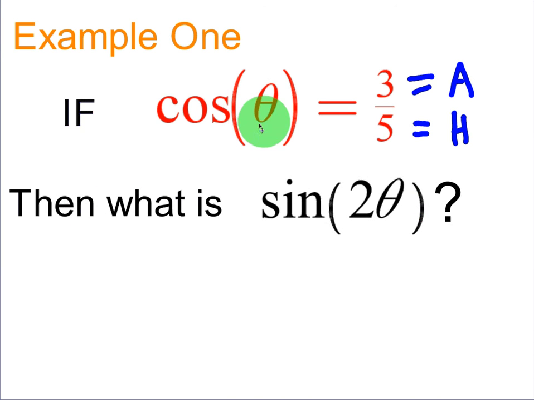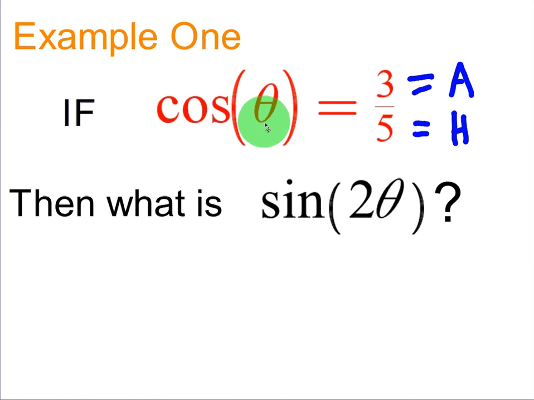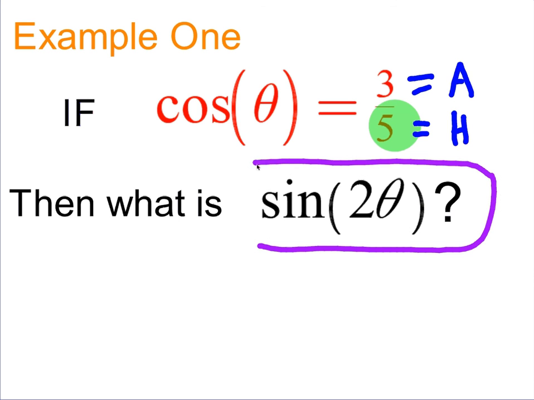This is at the heart of what this lesson is about, and a lot of times it's hard to title a lesson. To me, this is the shortest and most concise way to title it. We're evaluating double and half angles, given another trig function. In this case, we're given that cosine of theta is equal to 3/5. What we're really trying to figure out is, what is sine of 2 theta?